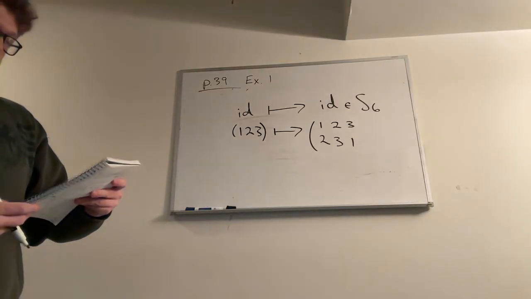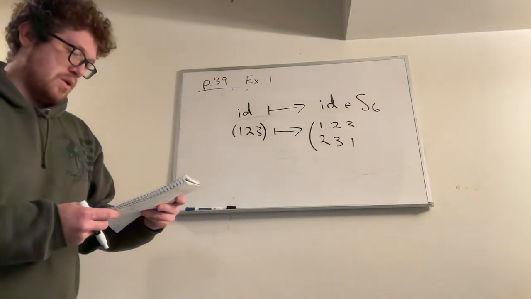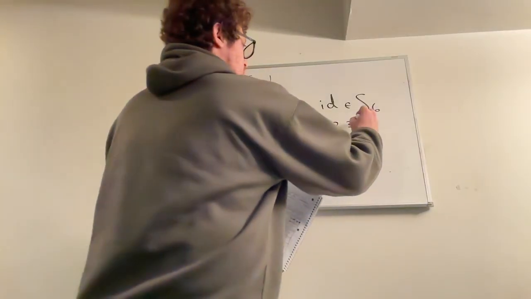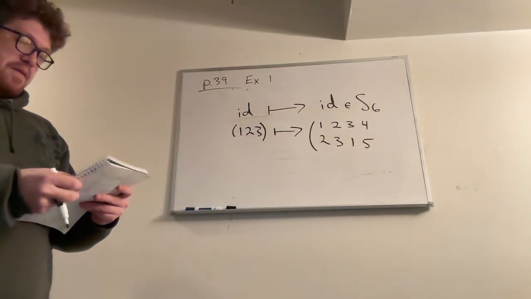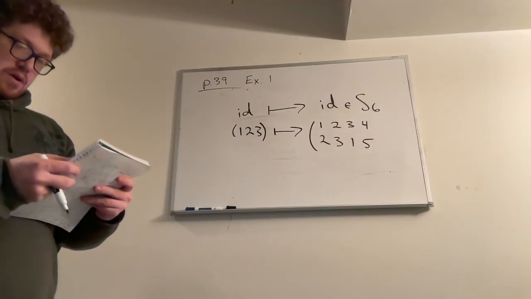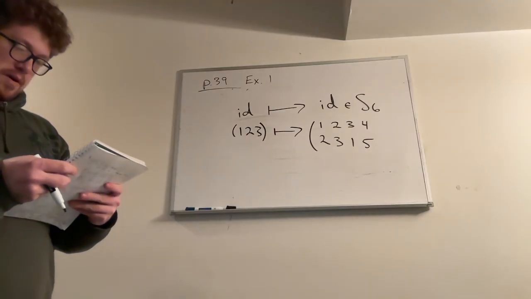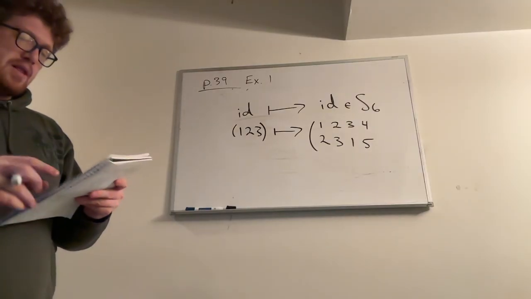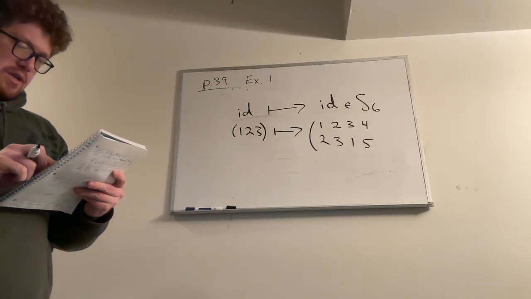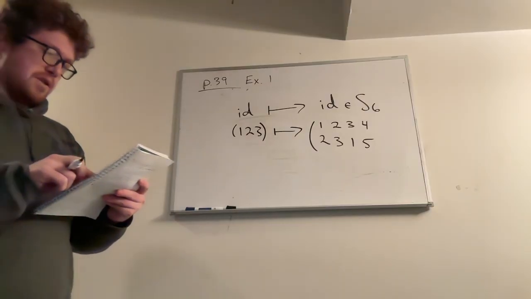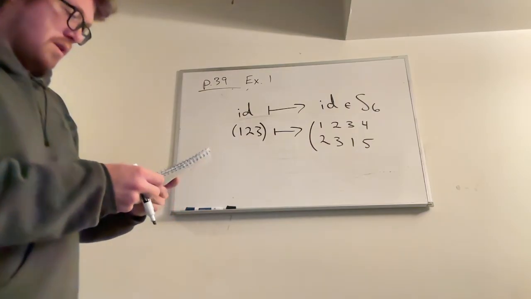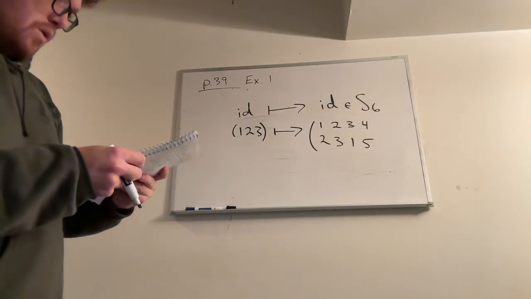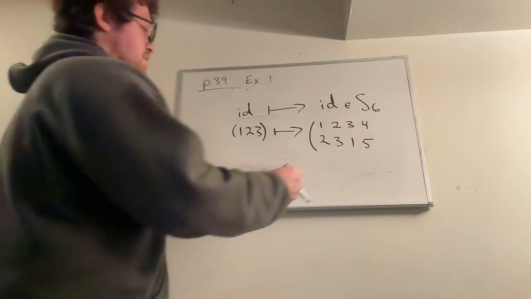The fourth goes to the fifth. And the fifth goes to, wait, that can't be right. Yeah, I think I did it wrong on the last one. I think these do have to change.